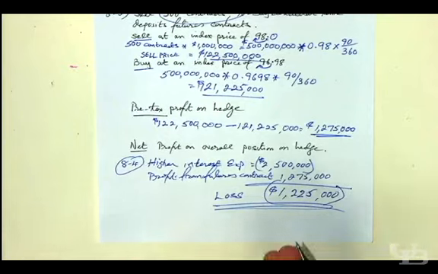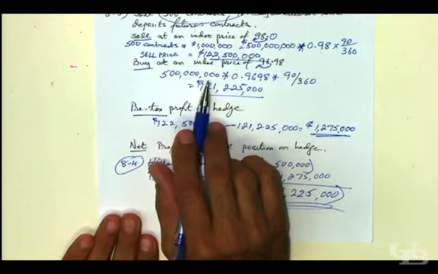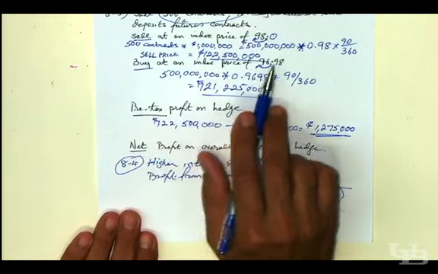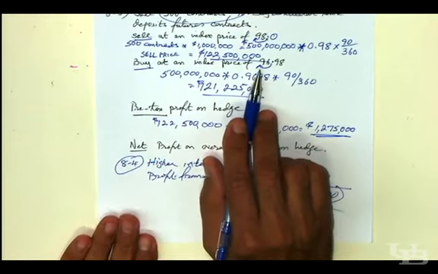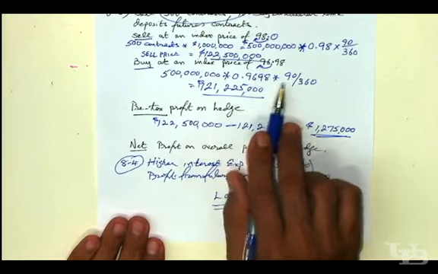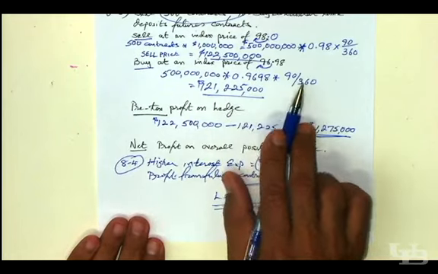Rates rise, values decline. We multiply the $500 million contract times 0.9698, because we're going to move that 2 decimal places to the left, times 90 over 360, prorated.